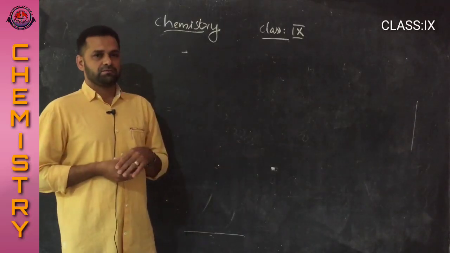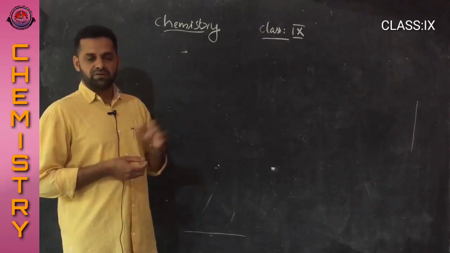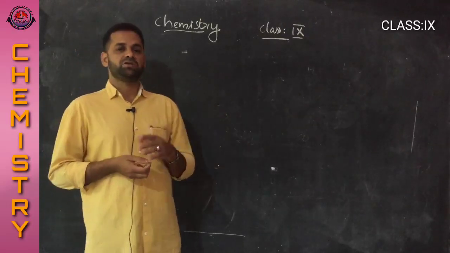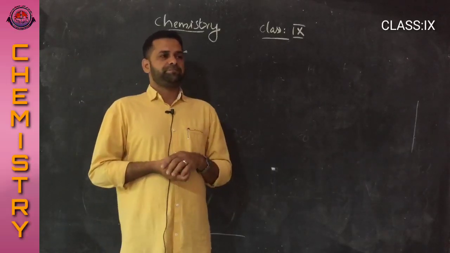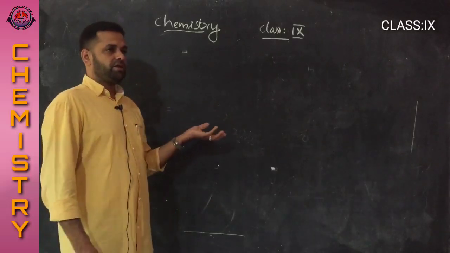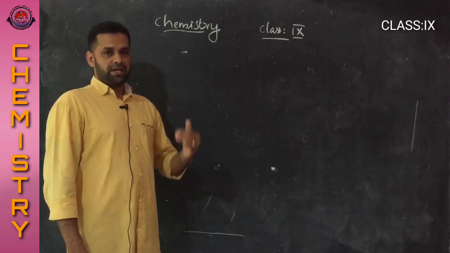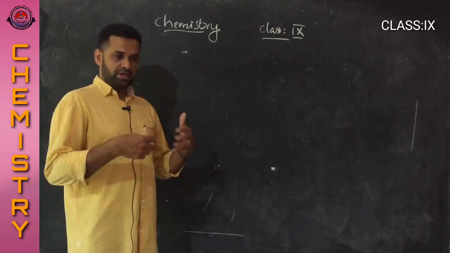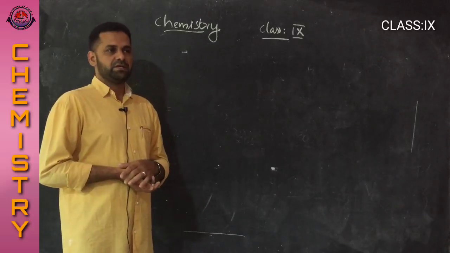So I think you understood what we mean by latent heat, latent heat of fusion and latent heat of vaporization. Today, we know that when a solid melts, it converts into liquid, and on heating, liquid converts into gas, isn't it?